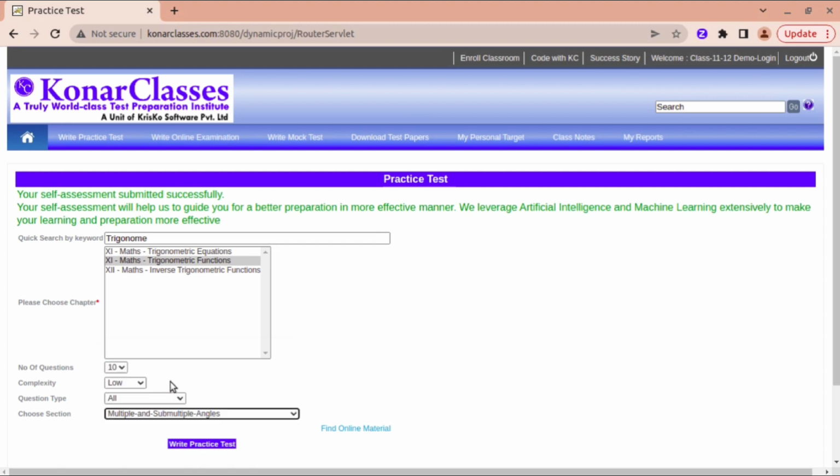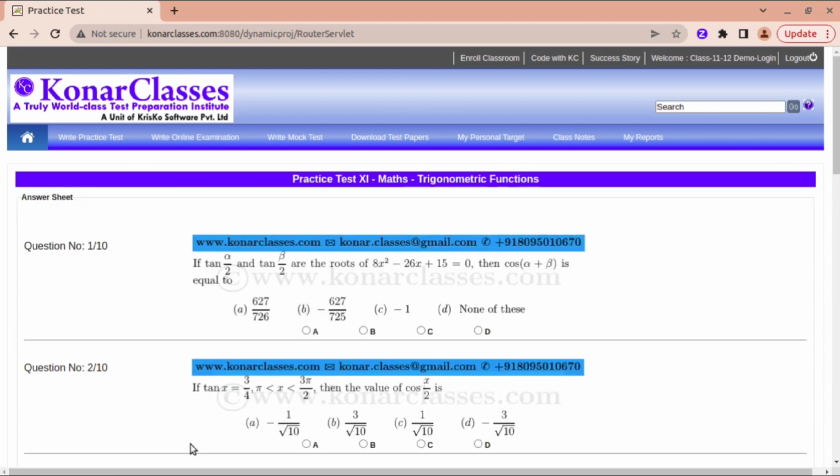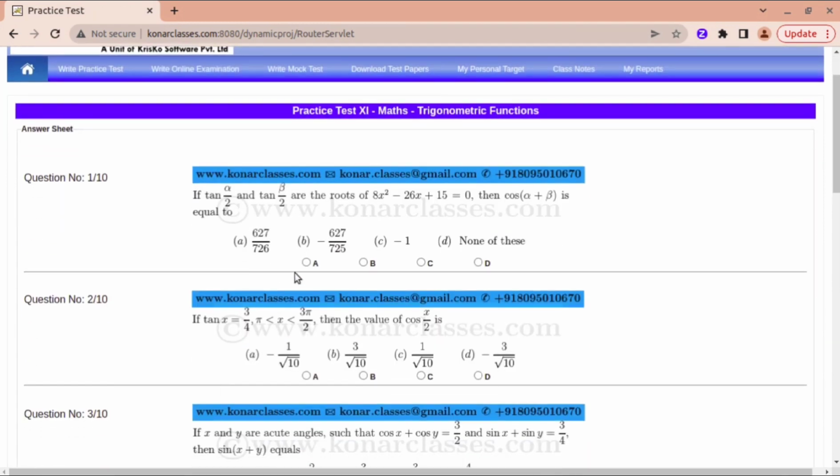So what will happen? 10 questions of complexity low from the chapter or unit titled trigonometric functions, and from that chapter the section named multiple and submultiple angles, will appear. So I click here, I practice this, and 10 such questions appear here. I quickly answer this.